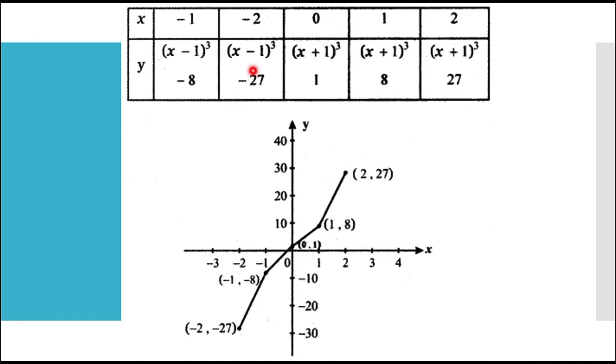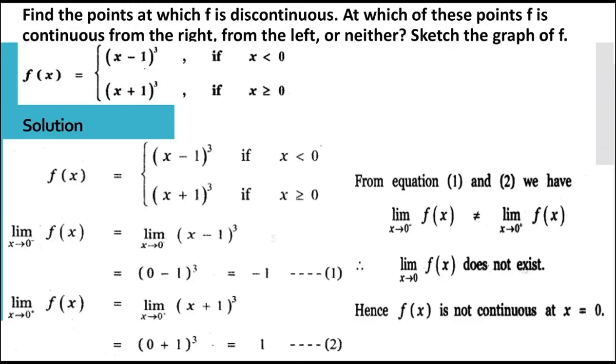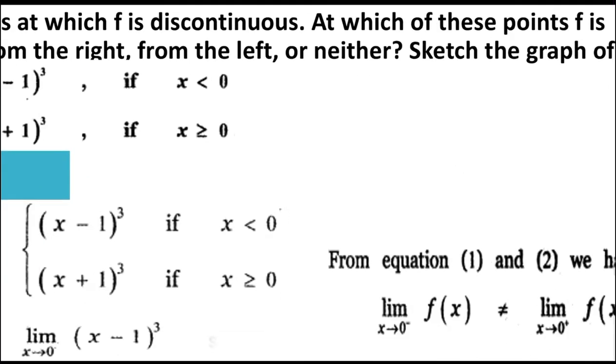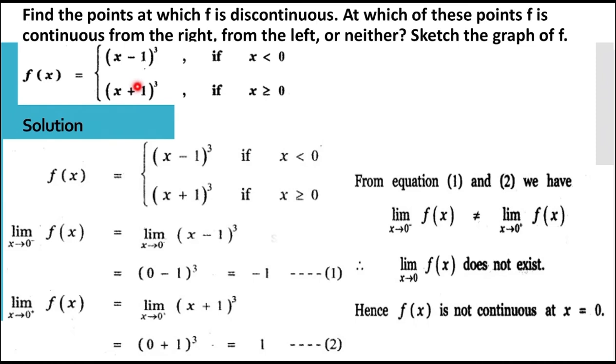So, we can choose a few points. So, it is 0, here also minus 1, minus 2 and here 1 and 2. For 0, it is x plus 1 the whole cube because if x is equal to 0, the function is x plus 1 the whole cube, isn't it?